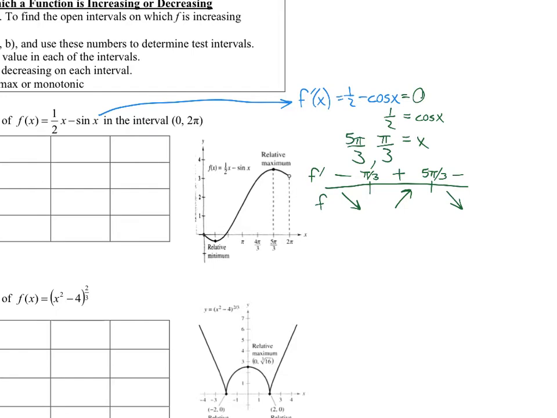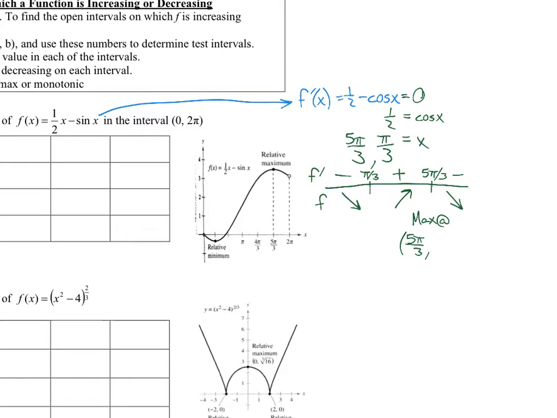So we have a max point. Should we test the endpoints first? We don't need endpoints here. We're not doing absolute, we're doing relative. So if I plug 5 pi over 3 into the original function, sine of 5 pi over 3 is a negative root 3 over 2.